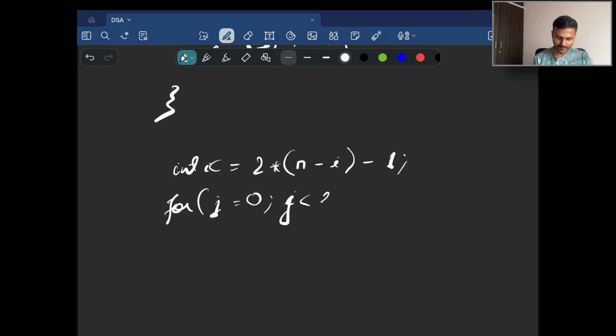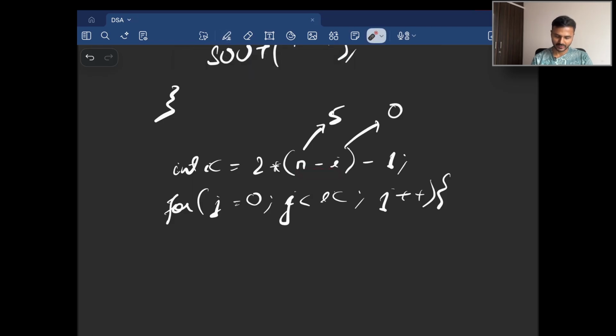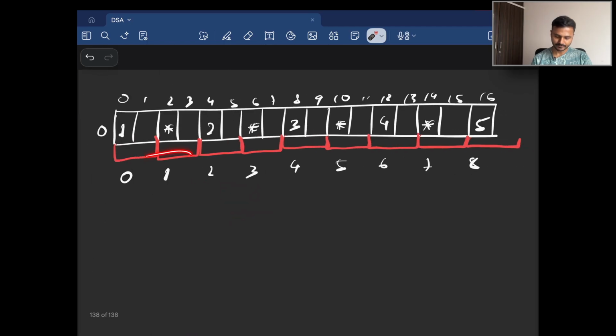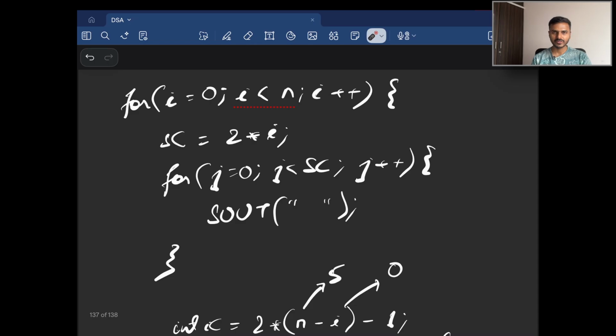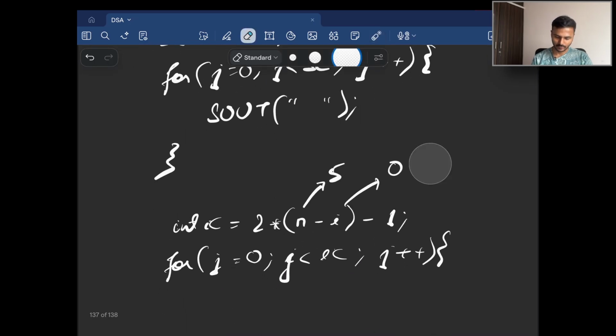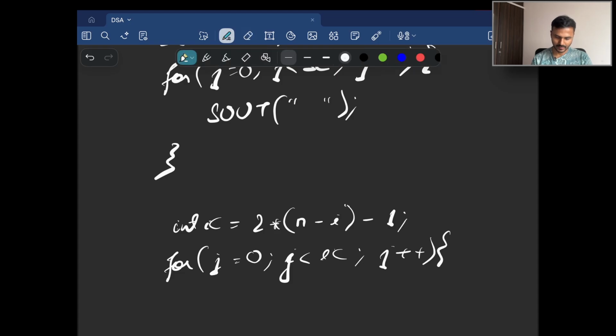So we'll say j less than IC, j plus plus. And what is going to happen for n 5 and I 0 is it will be 5 minus 0, which is 5, multiplied by 2 is 10, minus 1 is 9, right? And because IC is 9, we'll go from 0 all the way up to 8, which is what we need for the first row, right? So at least for the first row, this looks fine. So let's keep this and let's discuss further.